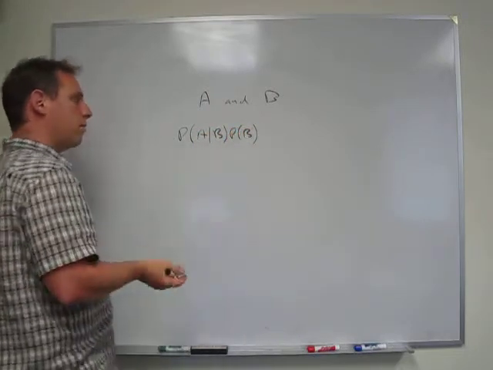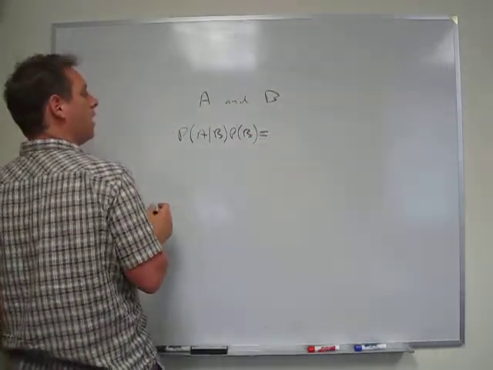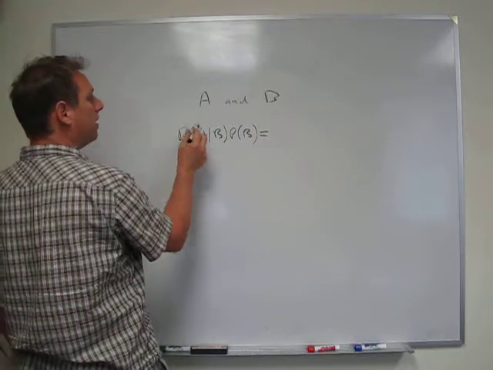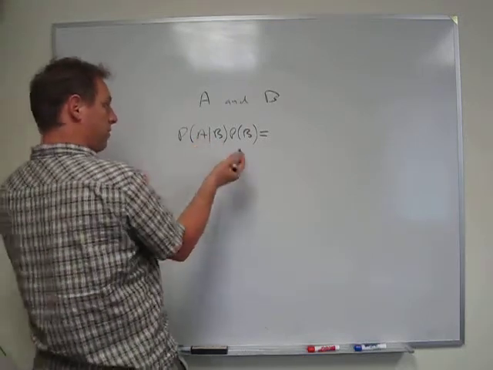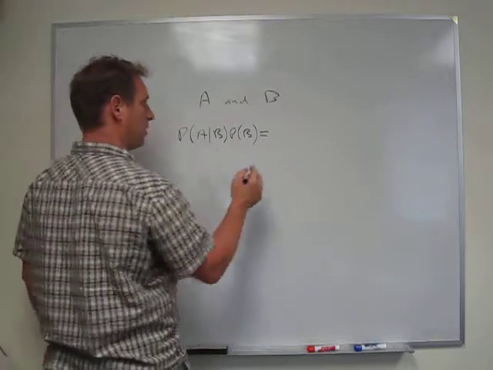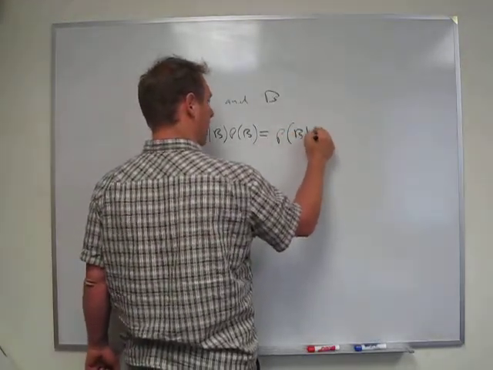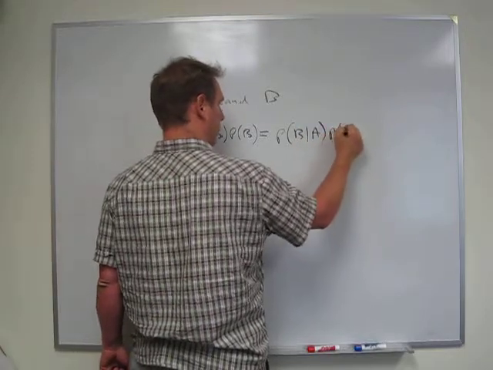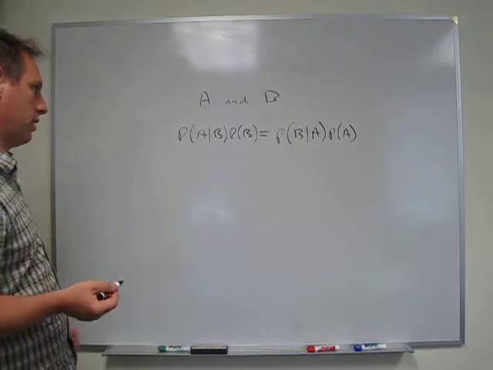But you could rewrite this differently. Since this is the probability of A and B, it is also going to be equal to the probability of B given A times the probability of A.